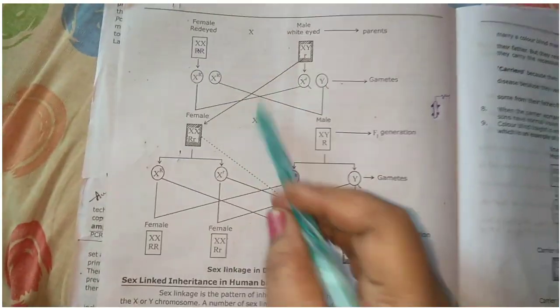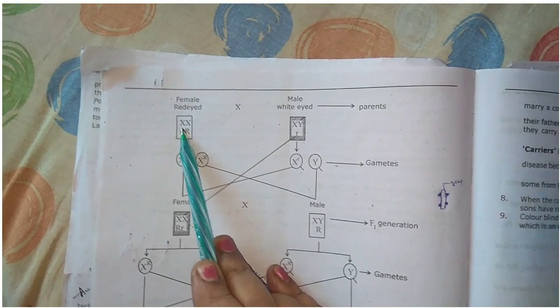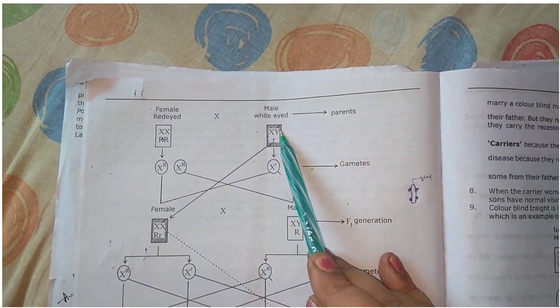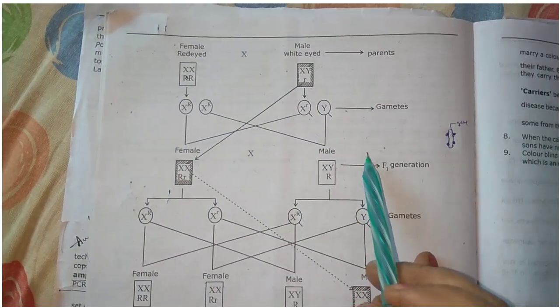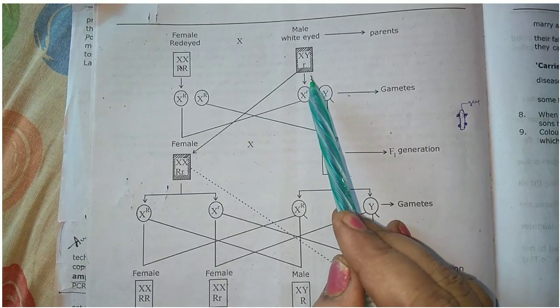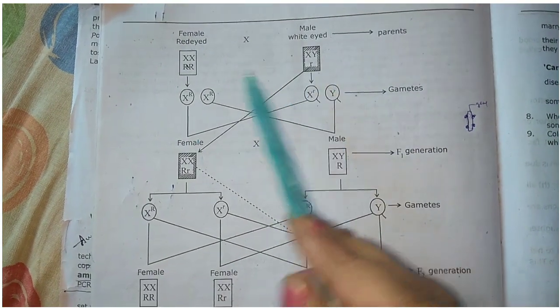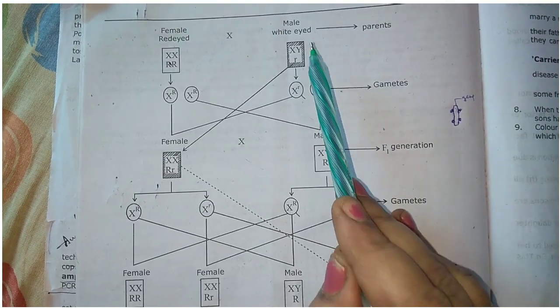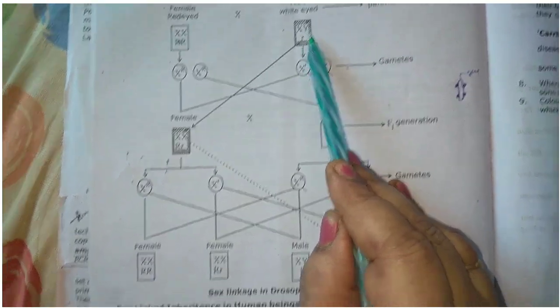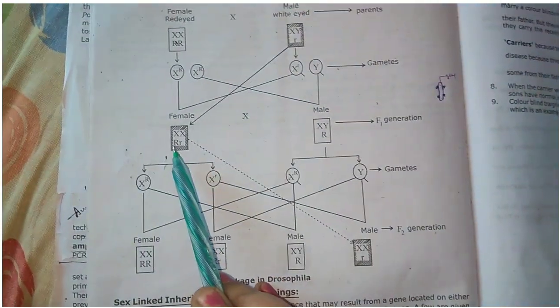Here I will explain. This is the red-eyed female and this is the white male. In the first generation, red is dominant and white is recessive. The recessive gene present in the male is transferred to the females only.